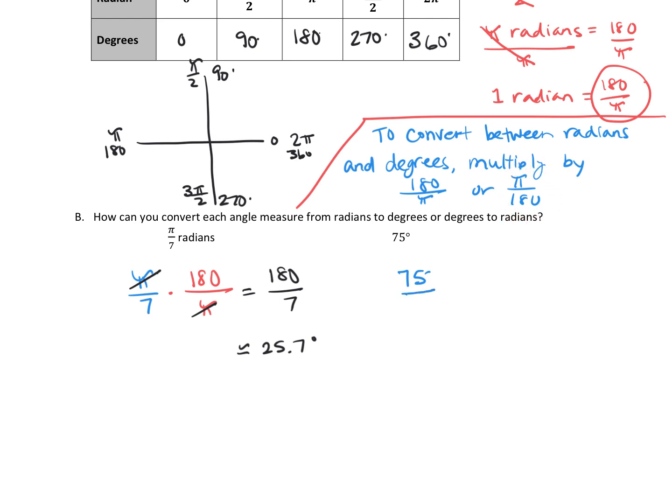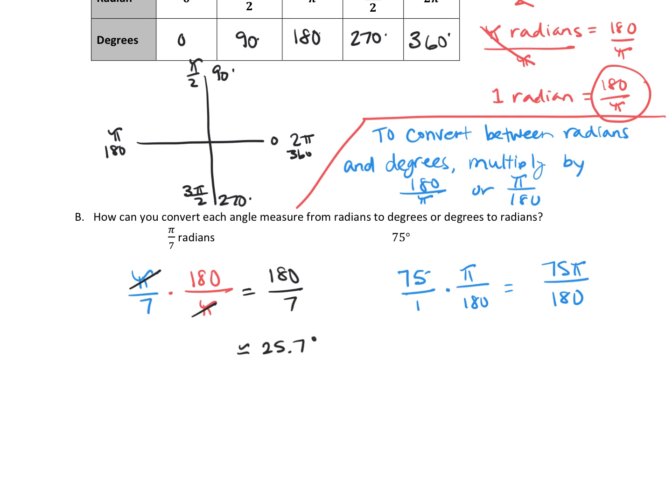So let's put that 75 over 1 times pi over 180. 75 times pi is 75 pi over 180. So now we have pi in the numerator. Had we multiplied by the wrong conversion, we'd have a pi in the denominator, and we just have to remember that's not where pi is going to be in radian measure.